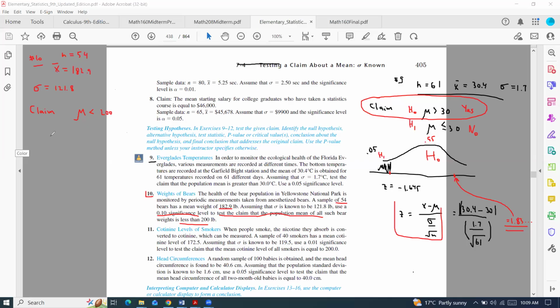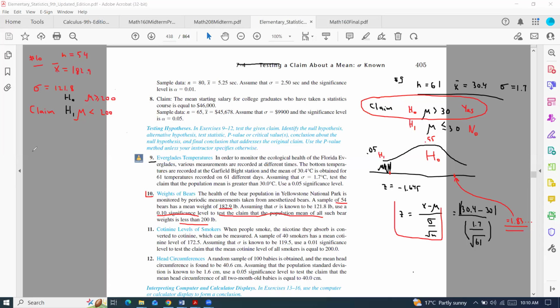We call this H1, and I want to put H1 here. So H0 will be the opposite, which is greater than or equal to 200.